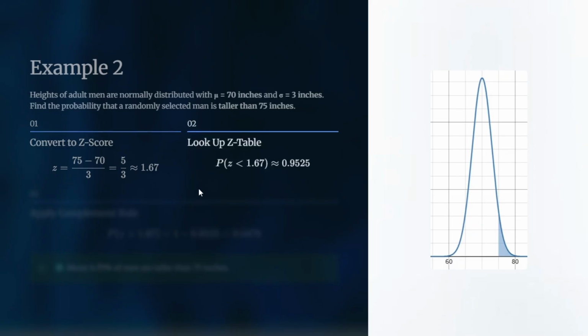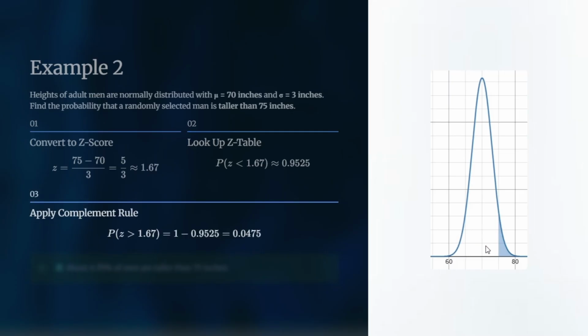So we'll need to look up in our table the probability that z is less than 1.67. The area to the left of a z-score of 1.67 will be 0.9525. But remember, the table gives you cumulative area from the left, that is this area right here.